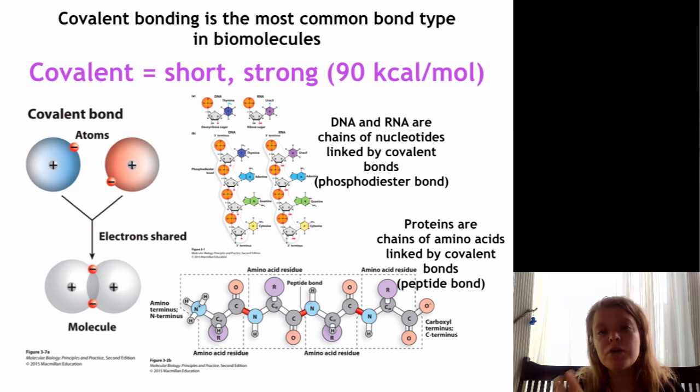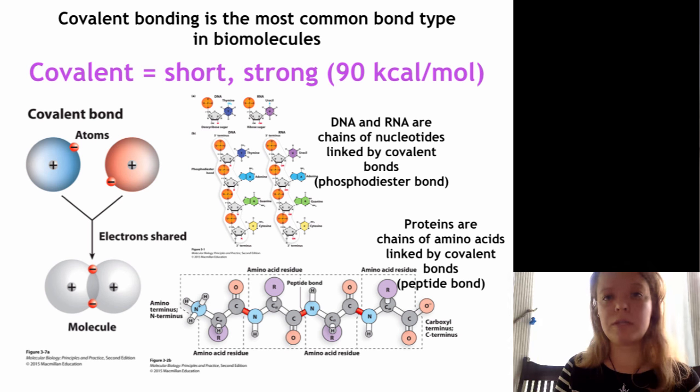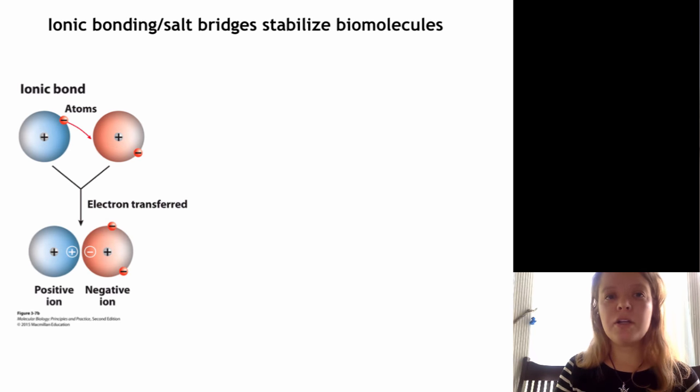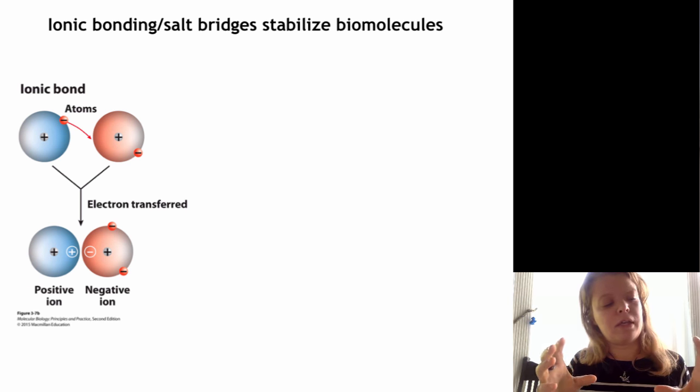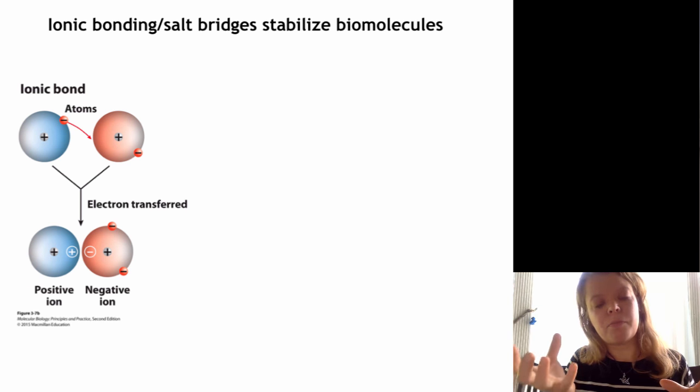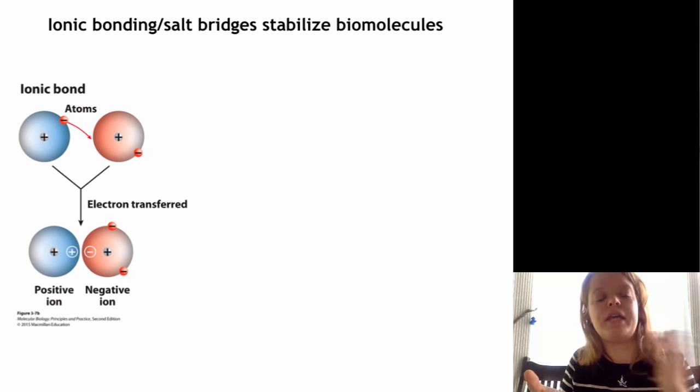Just like DNA and RNA subunits are linked together by covalent phosphodiester bonds, proteins are linked together from chains of amino acids via peptide bonds, which is the bond between the amino group of an amino acid and the carboxyl group of the next amino acid. Now, the ionic bonds, also known as salt bridges in biology, are a situation where one of the atoms involved is so electronegative that it flat out takes the electron.